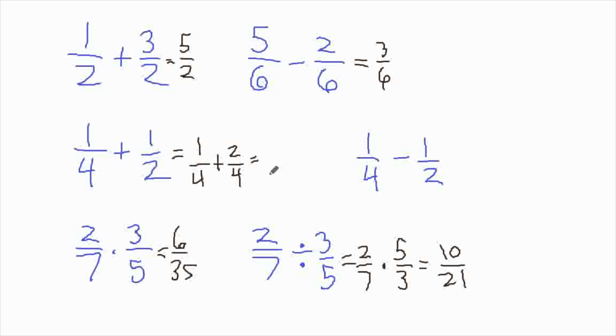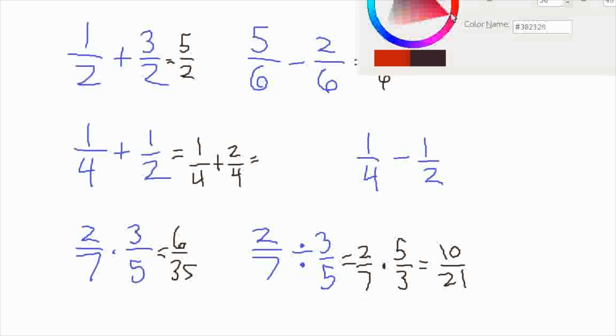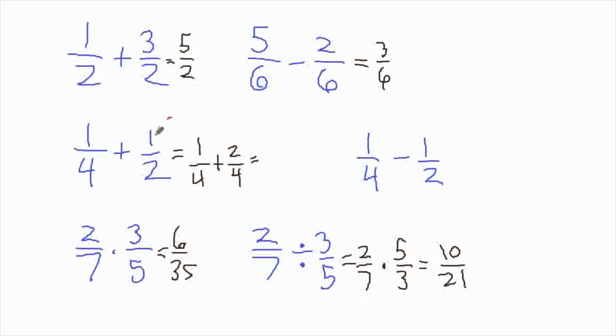If you're having trouble converting from one fraction to a different type of fraction, the trick is you're allowed to multiply the top and bottom of any fraction by the same number. Okay. So in this case, I started out with 1/2. Now imagine I multiplied the 1 by 2 and the bottom 2 by 2. Can you see that if I doubled the 1, I'd get a 2, and if I doubled the 2, I'd get a 4?